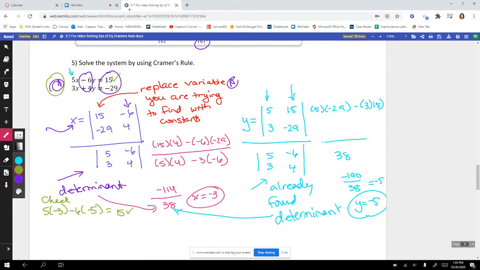And then if I do the second equation, I have 3 times -3 plus 4 times -5. And that equals a -29. So let's see if that's right. This gives me -9. This is -20. So I'm good. So I know right here that my final solution will be in coordinate form, (-3, -5). Okay, great job with Cramer's rule today. Have a good one.